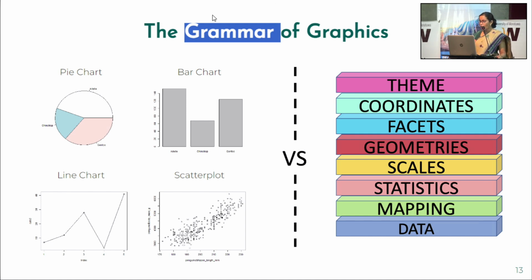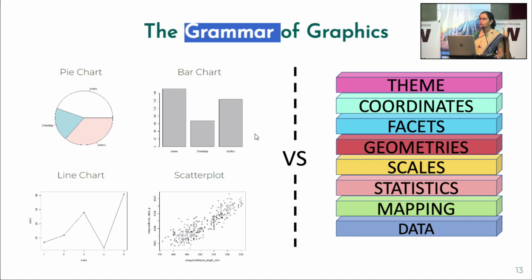According to the grammar of graphics, you can explain any graph using 8 layers. This can be a map, a bar chart, a pie chart, whatever you want to visualize. Any of those graphs can be explained using 8 layers.